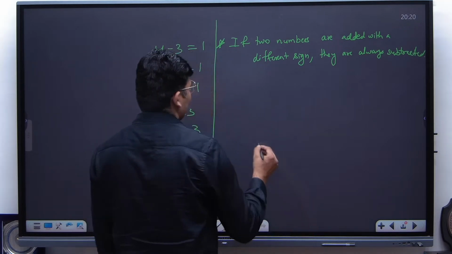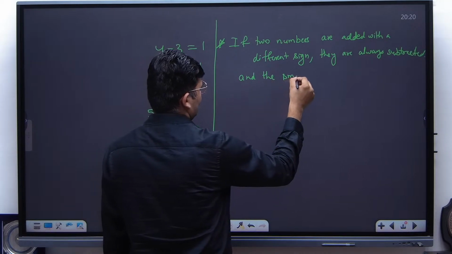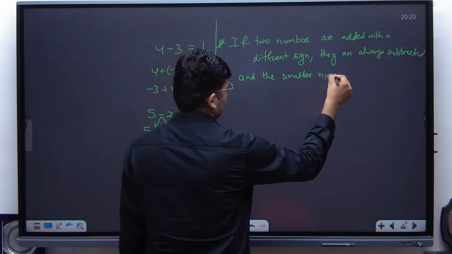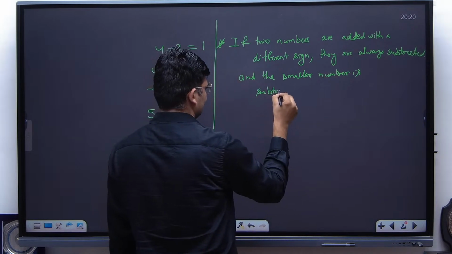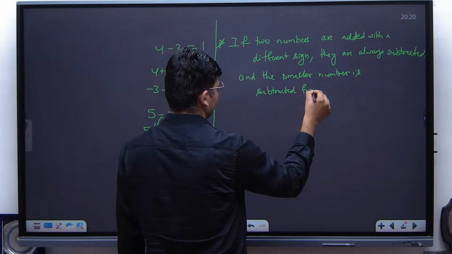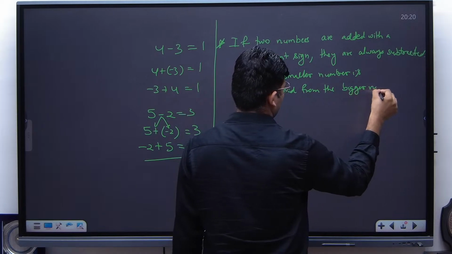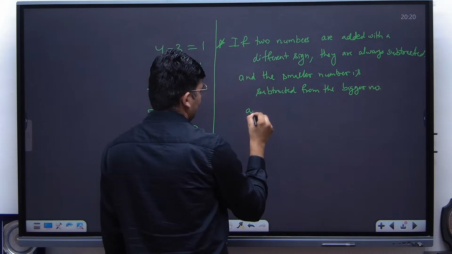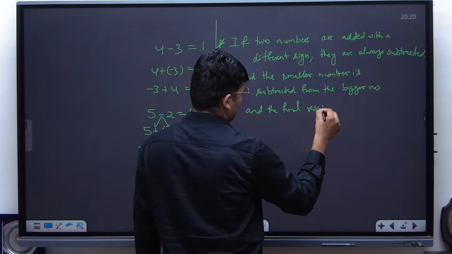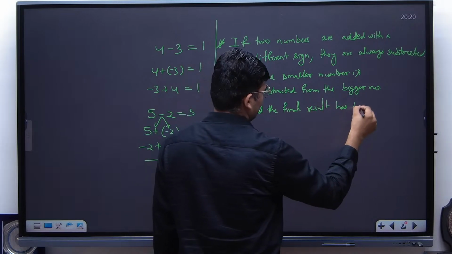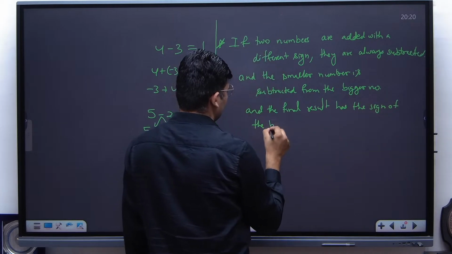For example, the smaller number is subtracted from the bigger number, and the final result has the sign of the bigger number.